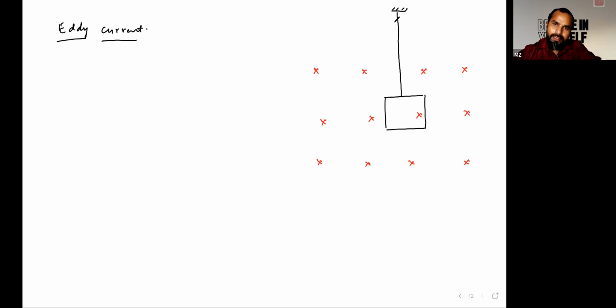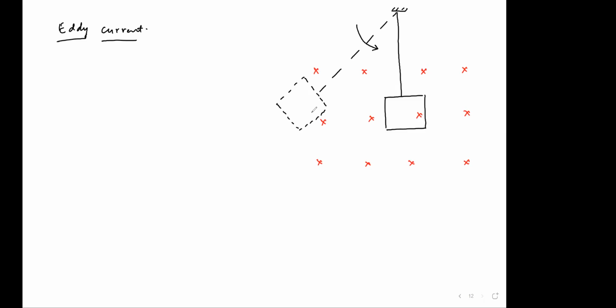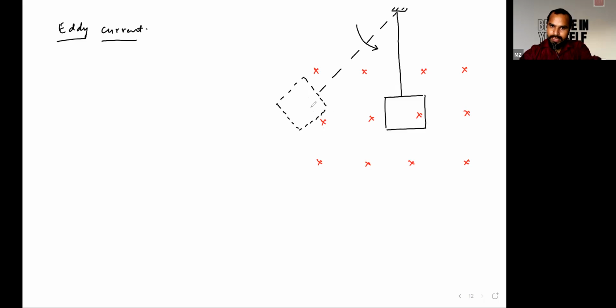When I bring this particular plate to one side, on going along this particular direction, whether any magnetic flux would change through this particular plate or not? Yes, sir, it will. So on just entering this particular region, the magnetic flux through this plate would start increasing.